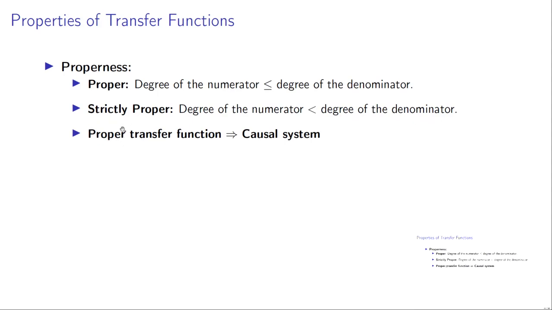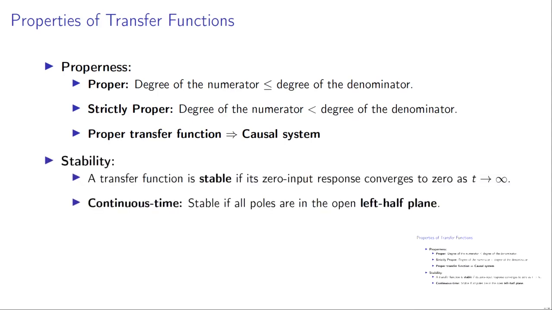We always want proper or strictly proper functions because they imply causal systems that can be constructed, meaning you can have a realization of this type of system. If the degree of the numerator is greater than the degree of the denominator, it's a non-causal system. You could not implement this type of system. So we are always looking for the degree of the denominator greater than or equal to the degree of the numerator.